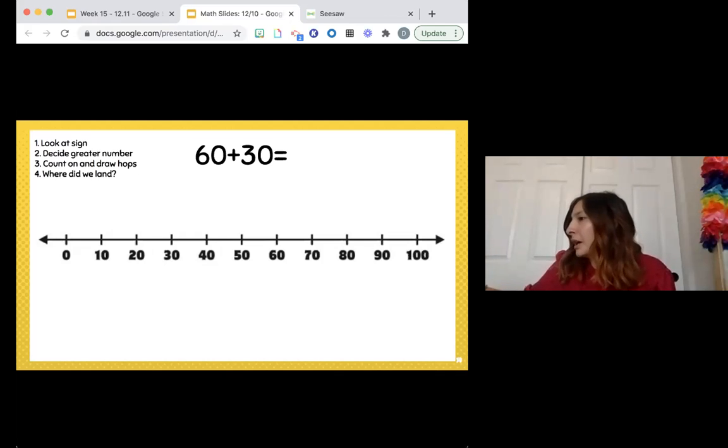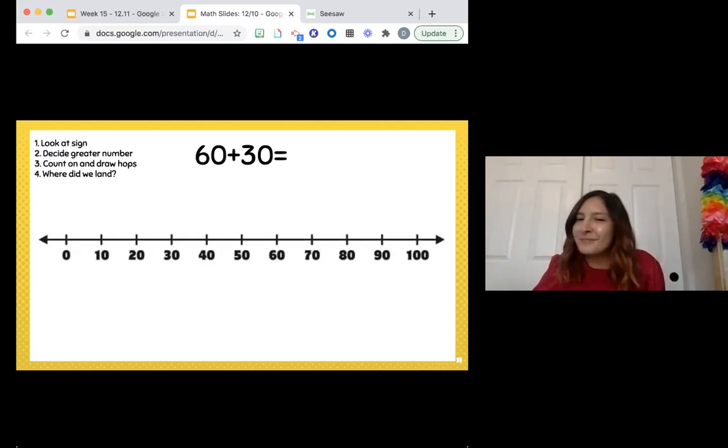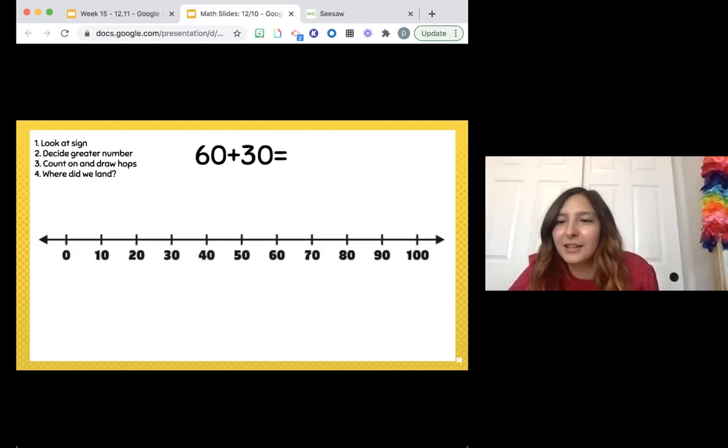Miss White has drawn her number line and is solving the equation. Awesome, Winter.